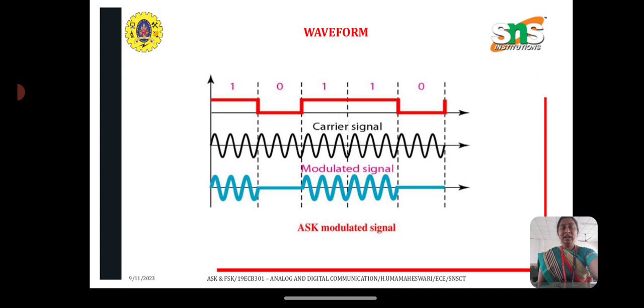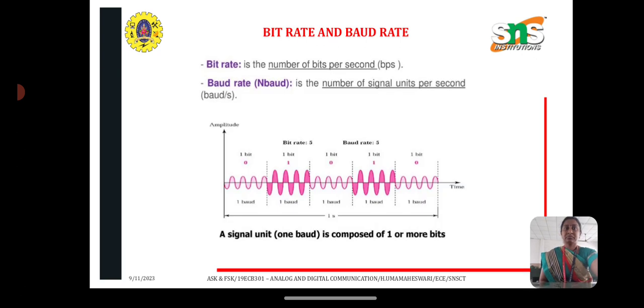For 1 the signal will be on, and if it is 0 it will be off. The carrier signal is the same for both zeros and ones, but while it is being modulated, for one the signal gives its amplitude and frequency, but when it is 0 the signal is in the off condition.